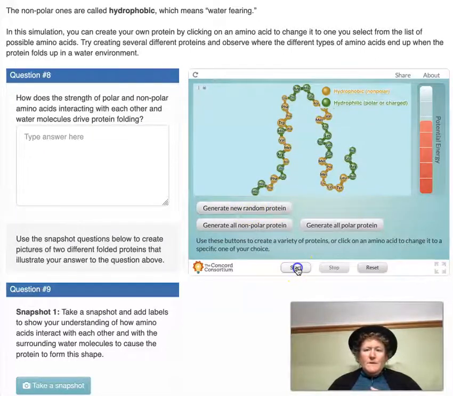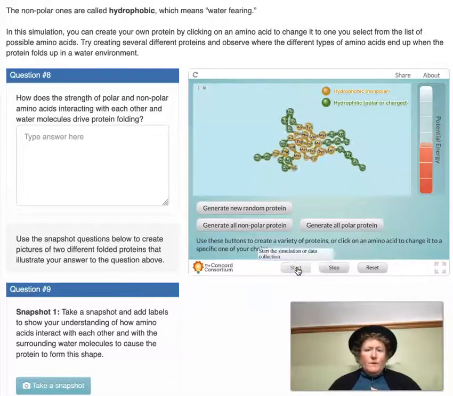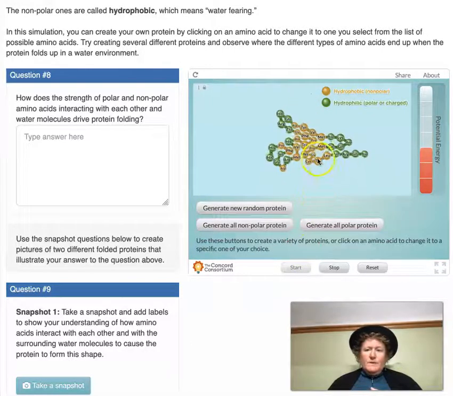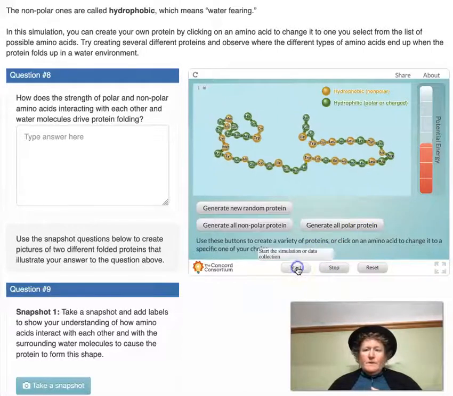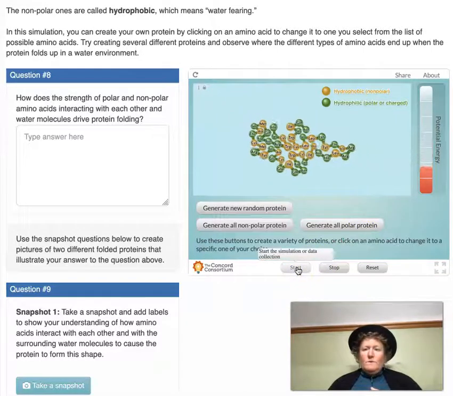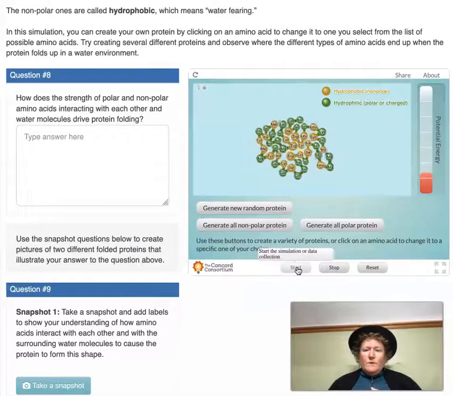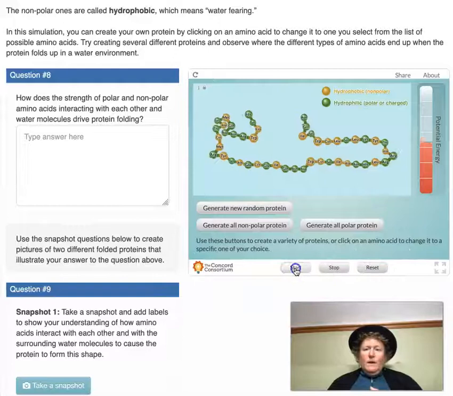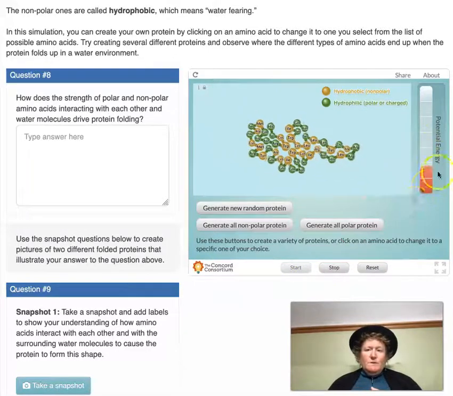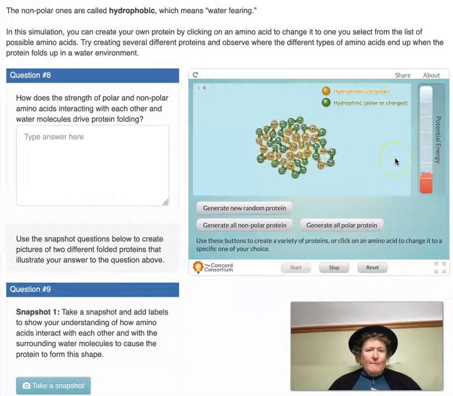Let's keep seeing if we see the same pattern over and over. There's some interesting things going on here. Pay attention to potential energy. I'm going to reset it. Look at the potential energy. I'll start it and watch what happens to the potential energy over time. I'm going to reset. Watch what happens to the potential energy right here over time.